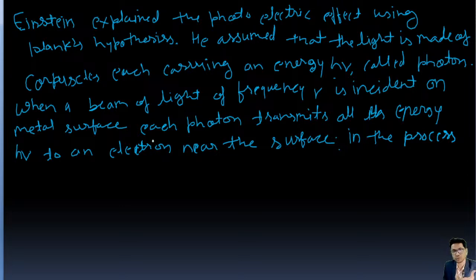So light is made of photons, that's what Einstein said, and each photon transmits all its energy h nu to an electron near the metal surface. So the complete photon will give its complete energy h nu to the electron.